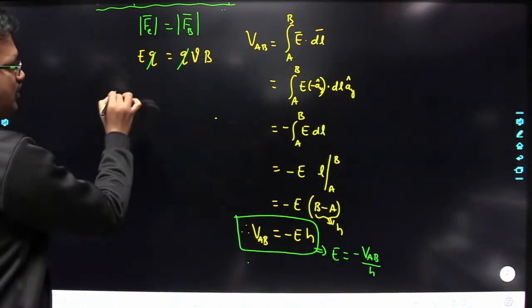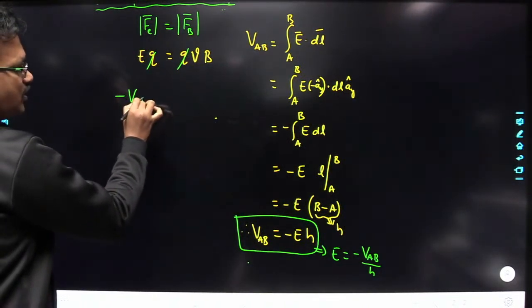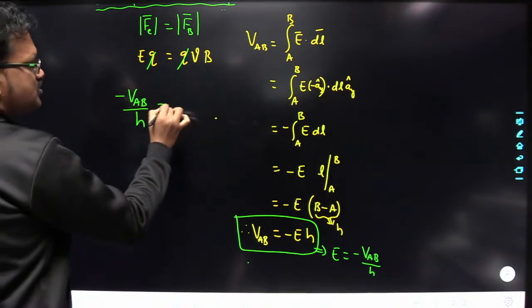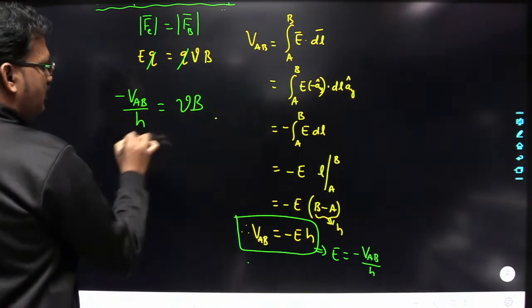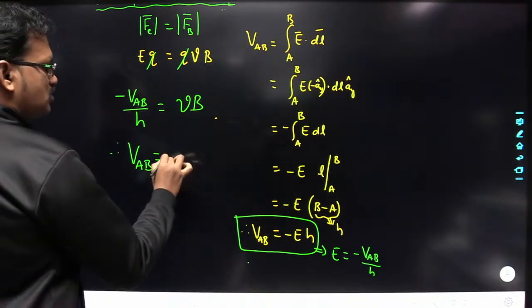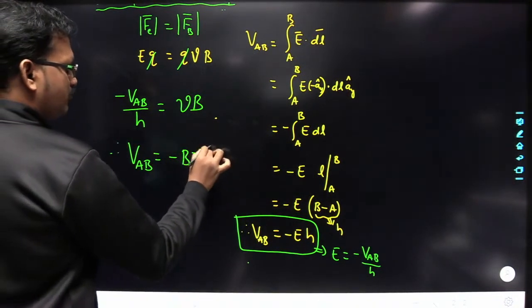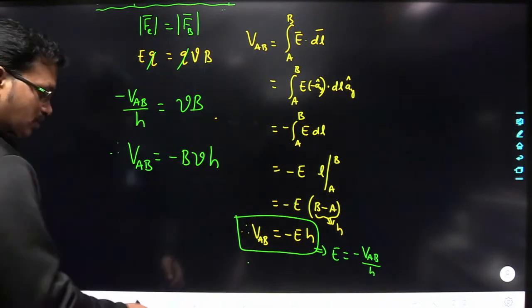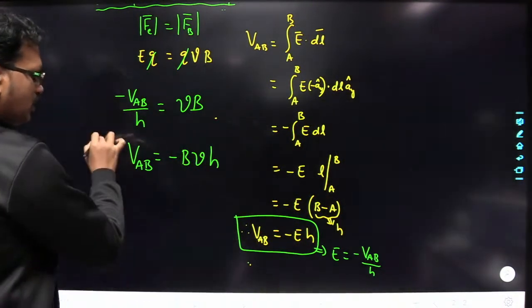In place of E, substitute minus VAB divided by h, which is equal to vB. Therefore VAB is equal to minus B v h. Understood?